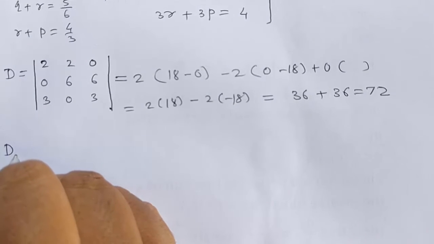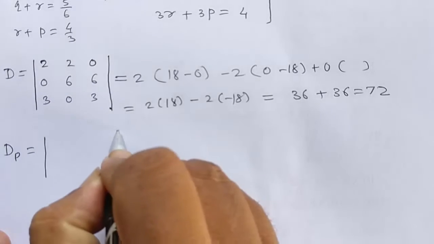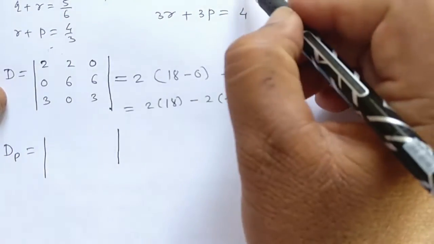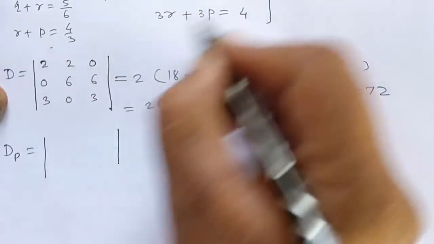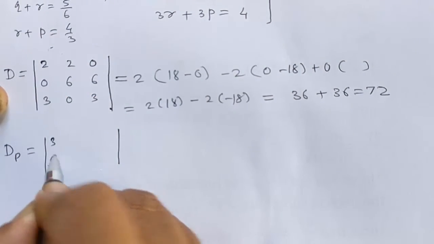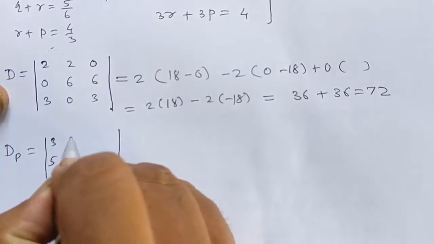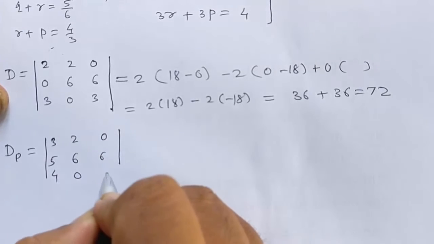Now we find dP. It is obtained from the determinant D by replacing the coefficient of P by the constant term. That is, we replace 2, 0, 3 by 3, 5, 4, and the other two columns remain the same, 2, 6, 0 and 0, 6, 3.